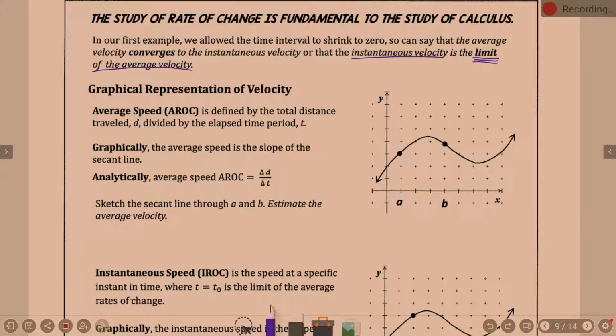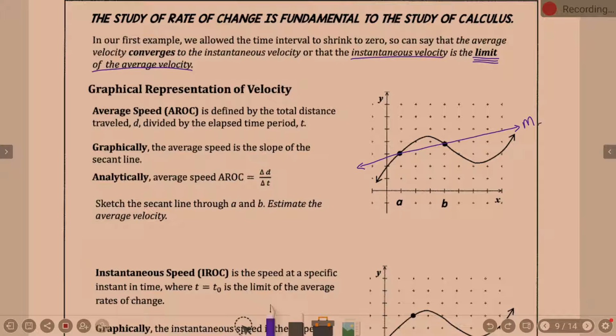So here, we're talking about a secant line. We're going to sketch the secant line through A and B. Me drawing a straight line on the graph. Not horrible. So there is my secant line. And basically, the average speed is the slope of the secant line.